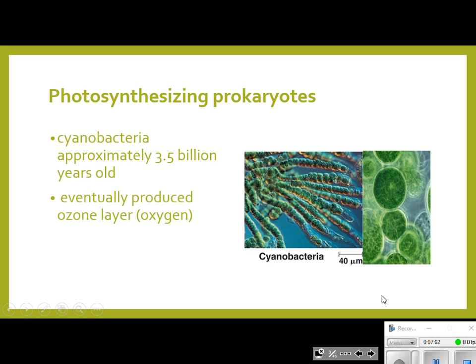Some of the things they talked about is aerosol cans. Some of the stuff involved in aerosol cans goes up into the atmosphere and helps to deplete it. But these photosynthetic prokaryotes eventually produced the ozone layer, which is oxygen.